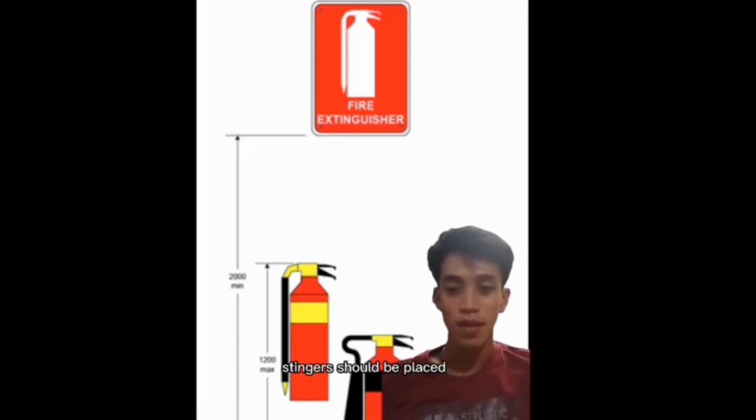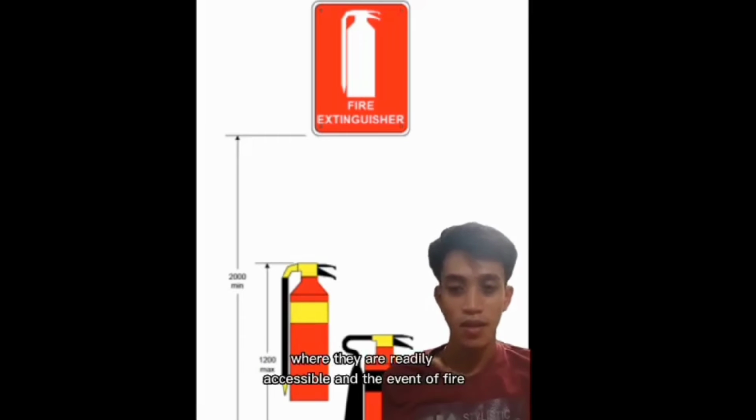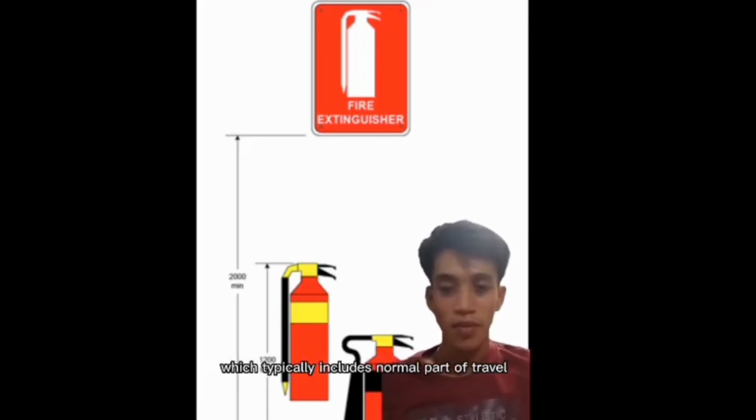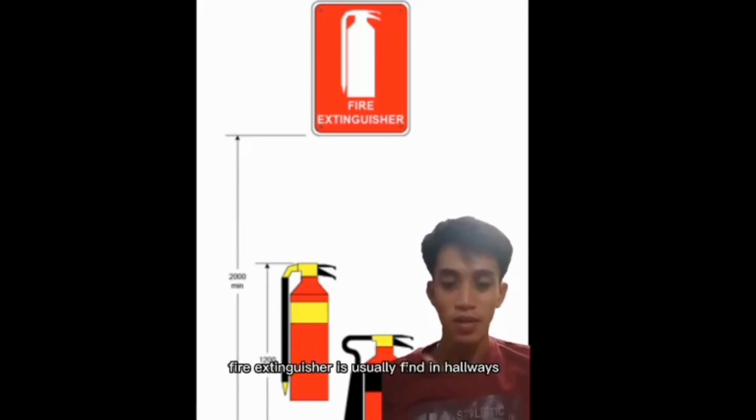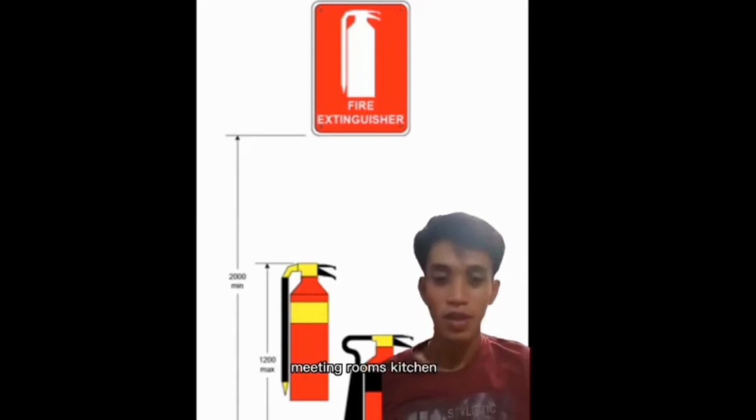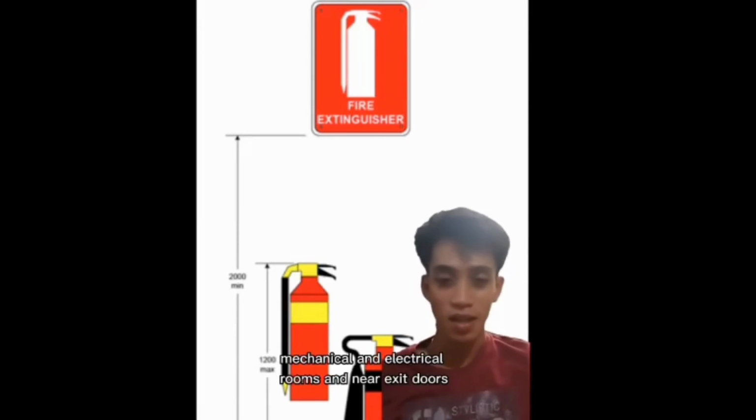Extinguishers should be placed where they are readily accessible in the event of fire, which typically includes normal paths of travel. Fire extinguishers are usually found in hallways, laundry rooms, meeting rooms, kitchens, mechanical and electrical rooms, and near exit doors.